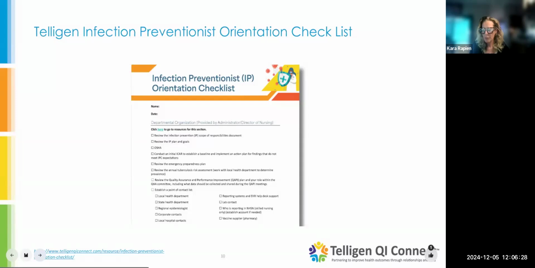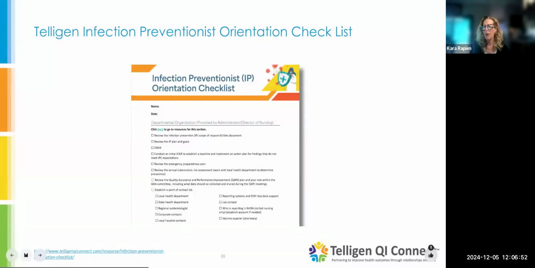You should also review and understand the annual plan and training requirements for your staff, your quality assurance and performance improvement, which is your QAPI, and your role with the QAA committee, including what data should be collected and shared during those QAPI meetings. And if applicable, reviewing those corporation policies also.